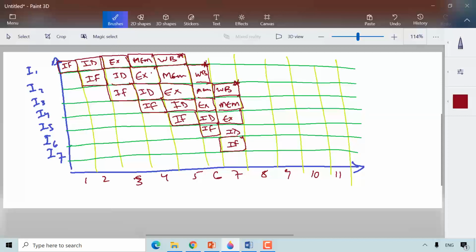Now, notice here in the eighth cycle, the fourth instruction goes to the write back stage. And the fifth instruction goes to the MEM stage, and the sixth instruction goes to the EX stage, and the seventh instruction goes to the ID stage.